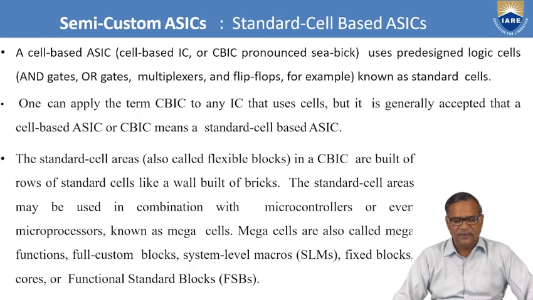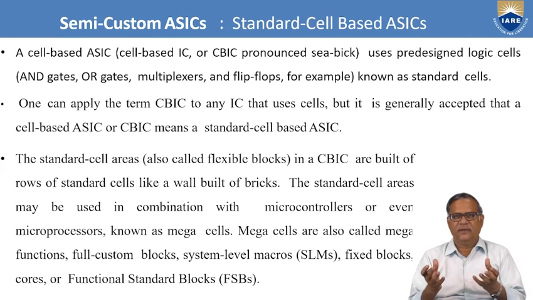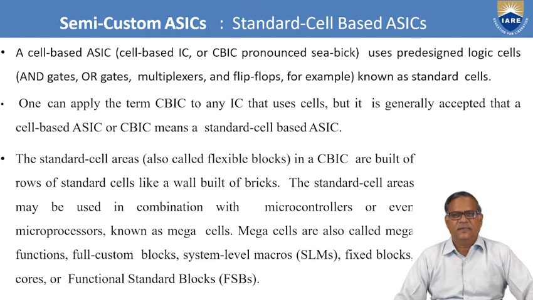Here the standard cell areas in a CBIC are built of rows of standard cells, like built of bricks. The bricks are of the same shape. Like that, the standard cells are taken and the interconnection is carried out.